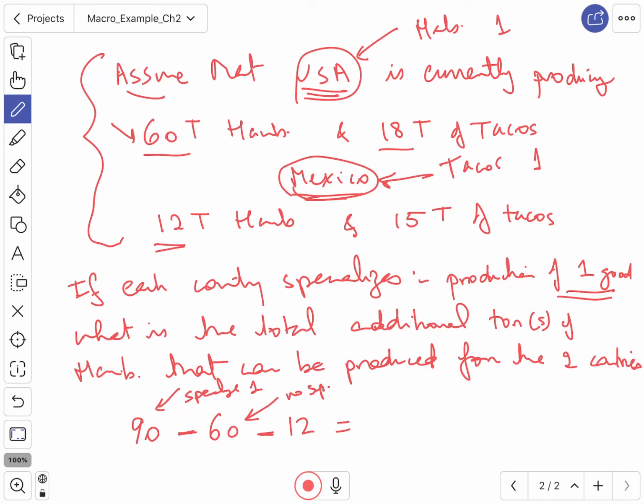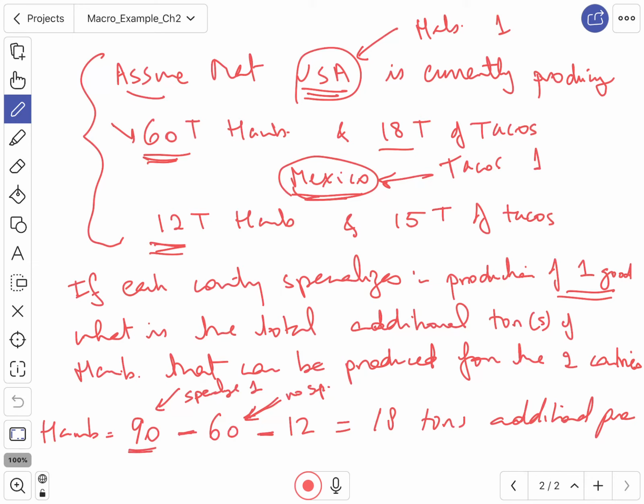Okay, so 90 is if the country specializes, minus the production 60 of hamburgers, which is right here, and 12 of hamburgers, then the total is going to be 18 tons additional production of hamburgers. So the hamburgers now is equal to 18 tons additional.